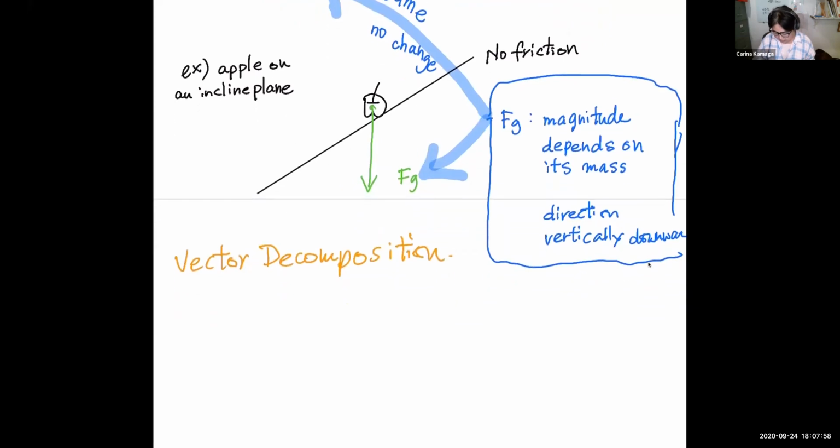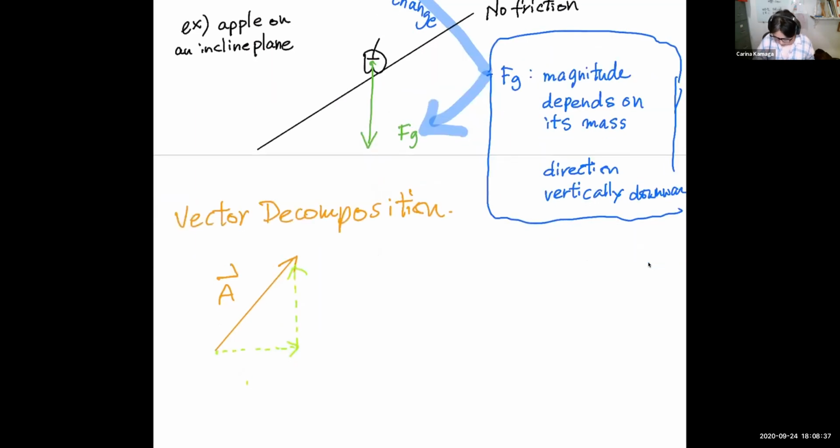Vector decomposition is something like this. You could have a vector here, any arbitrary vector. Let's say vector A. But instead of looking at A as this one vector, we can think of A as the resultant of this vector plus this vector. It's the same thing as AX plus AY.